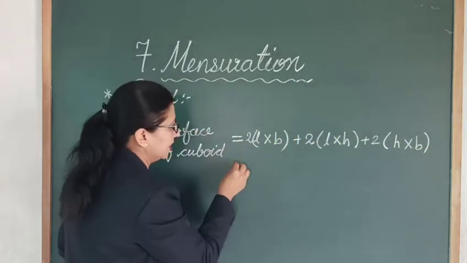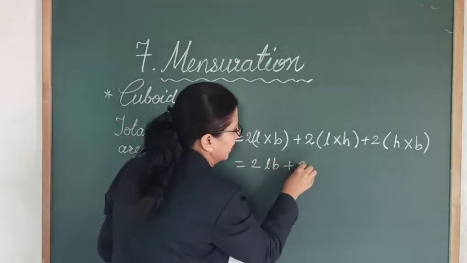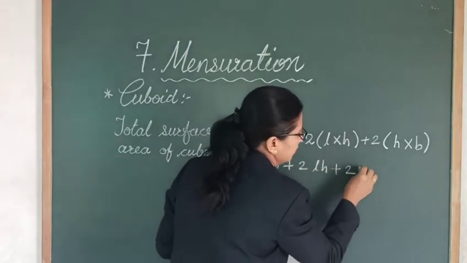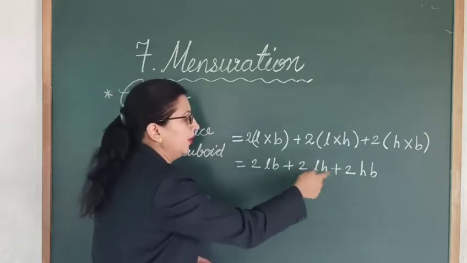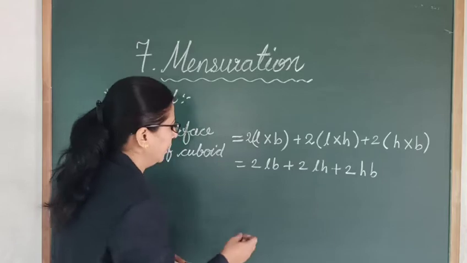Now here let's write down 2 length into breadth plus 2 length into height plus 2 height into breadth. Each term has 2, so let's take it out.